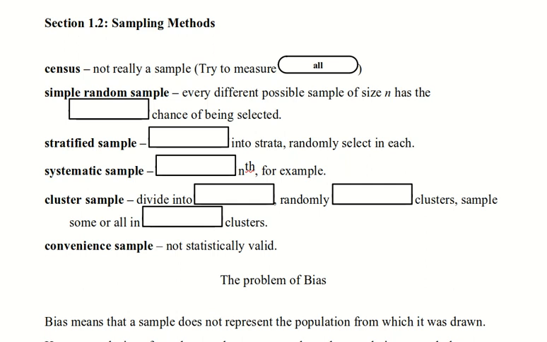The simple random sample. So this is a way of teaching statistics at this level and implying the existence of a way to make a good sample. So what do I mean by this? If we know that we have a simple random sample, then every different possible sample of whatever that size is has an equal chance of being selected.